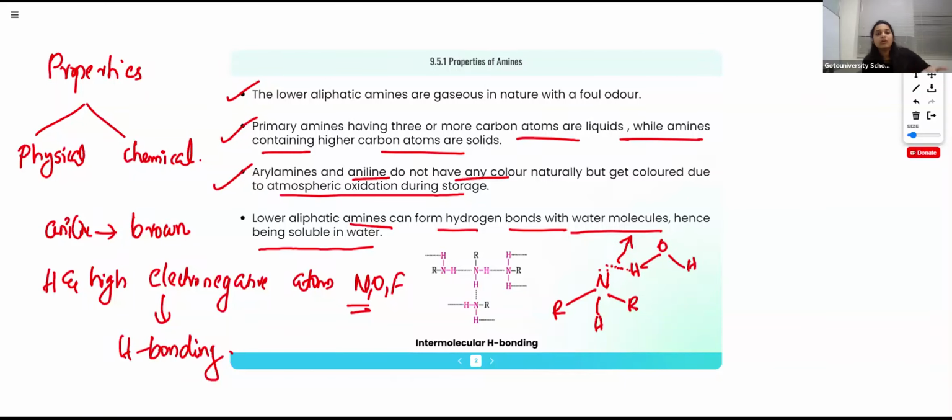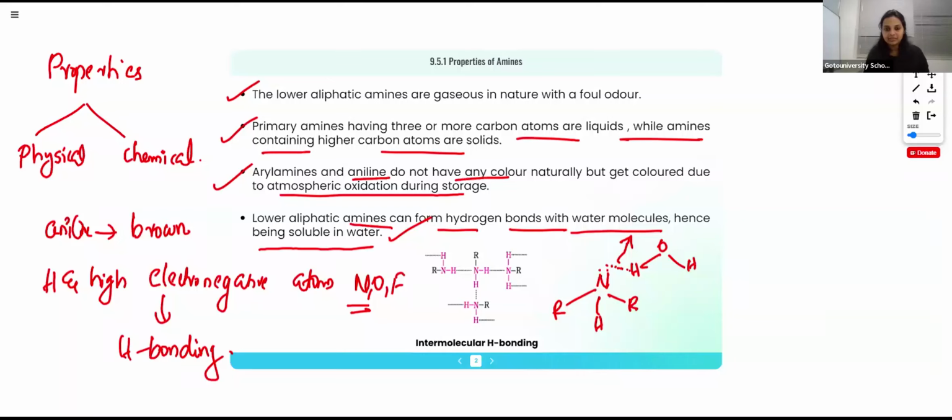So the lower aliphatic amines, only aliphatic, not aromatic, can form hydrogen bonds with water molecules, hence being soluble in water. This diagram is not that one. This is the intermolecular hydrogen bonding between the amine molecules only, not between amine and water.